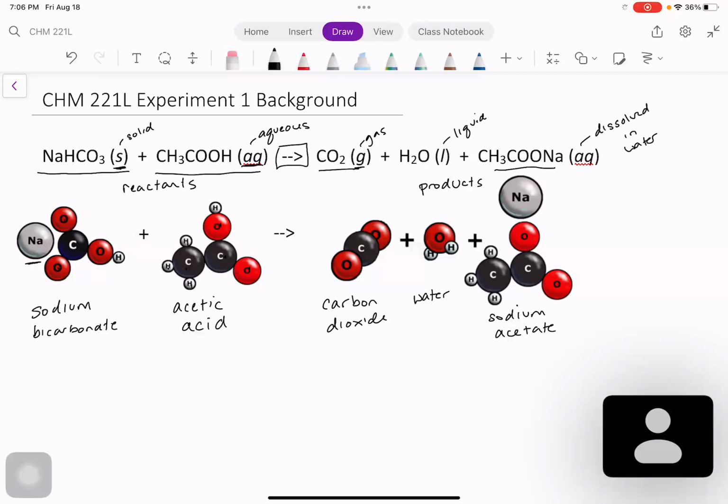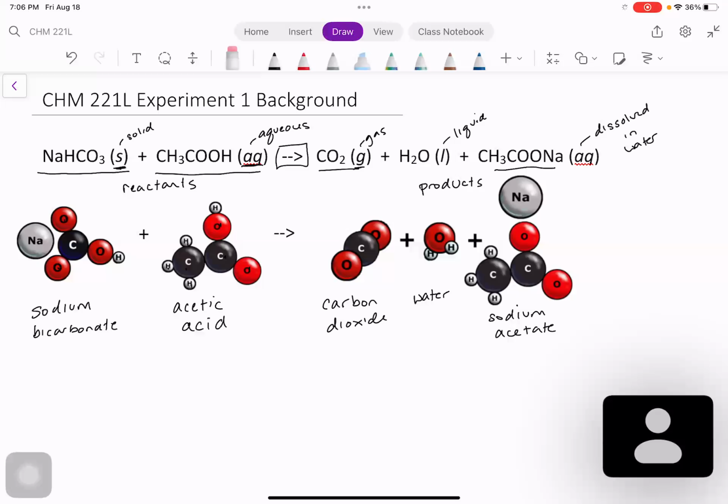So instead of, for example, this carbon here being bound to 3 oxygens, now in the products, we've got a carbon bound to 2 oxygens, an oxygen bound to 2 hydrogens. So this chemical reaction, and all chemical reactions really, are just atoms rearranging.